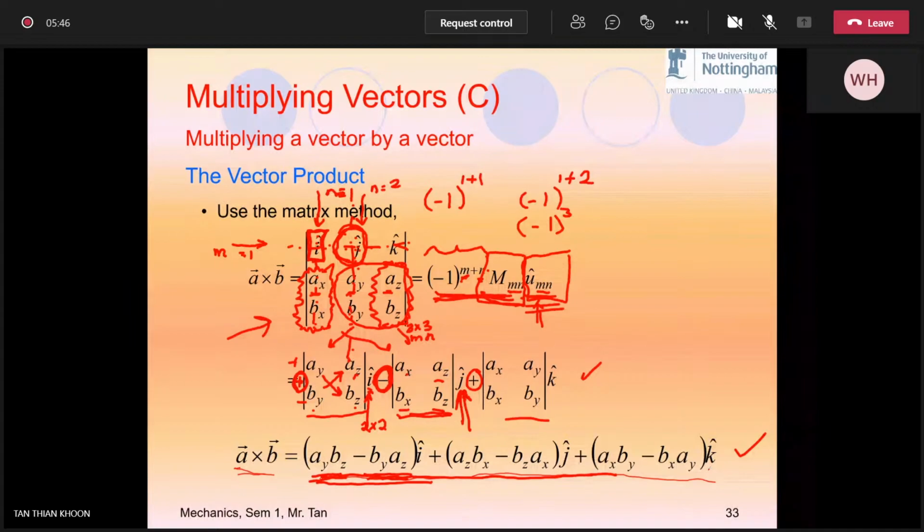As long as we recognize I, J, K, and we know that it is plus, minus, plus, I is plus, J is minus, K is plus, we can get the minor, and from there we already know the magnitude of the 2 times 2 matrix. Then we will be able to get this last equation.